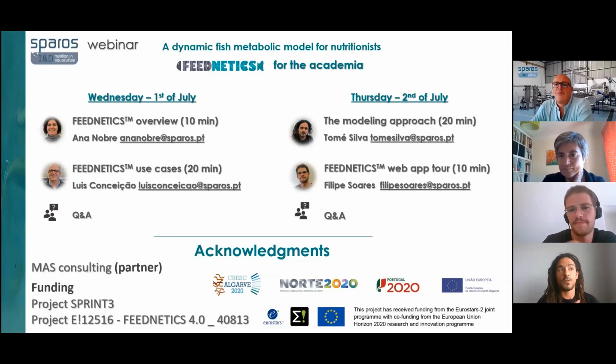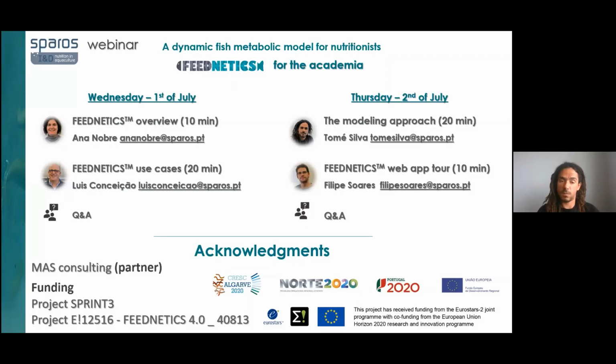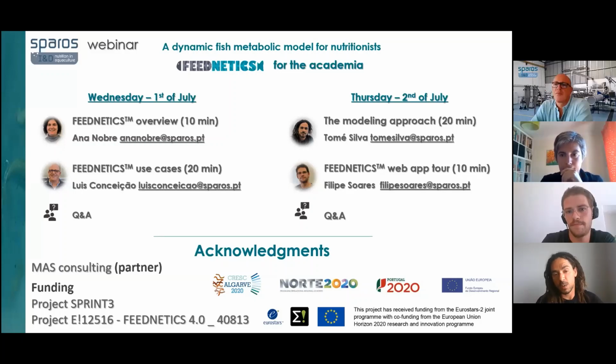The current version of FEEDNETICS is not able to do that, but that's something we have in the development pipeline, to be able to define your target, how big you want the fish to grow up to a certain level, or some sort of optimization criteria, and then the model will tell you the optimal composition of the diet, or the optimal amount that you should feed to the fish.